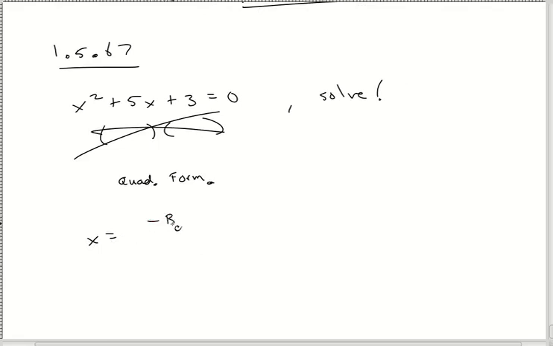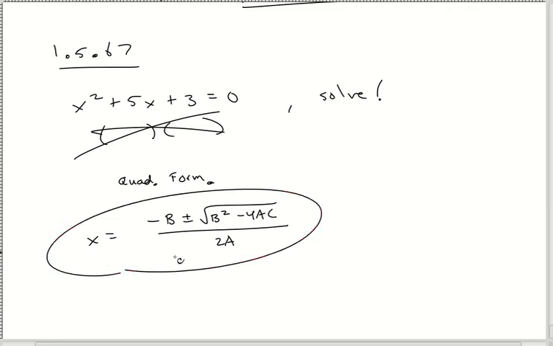It's negative b plus or minus the square root of b squared minus 4ac, all divided by 2a. I'm using capital letters because my lower cases are not as good, but this is okay. It's clear to see, and I'm very much assuming that you've at least seen this before.